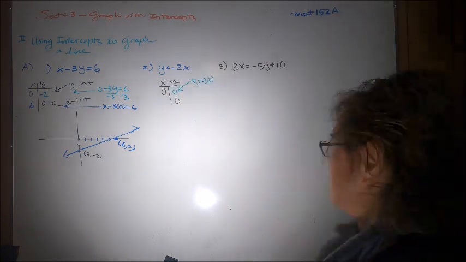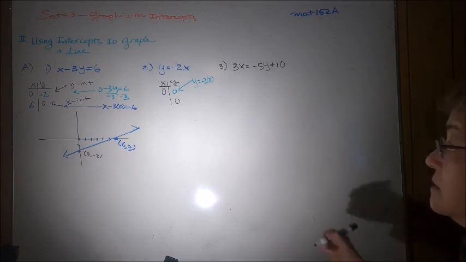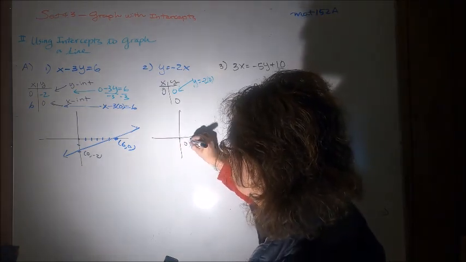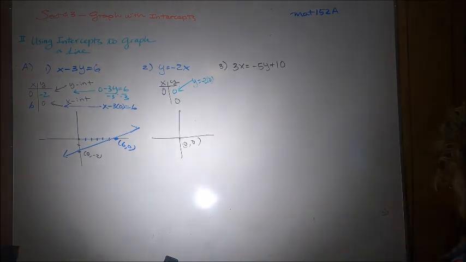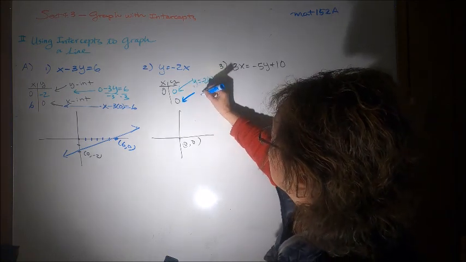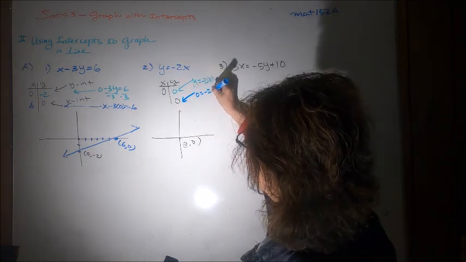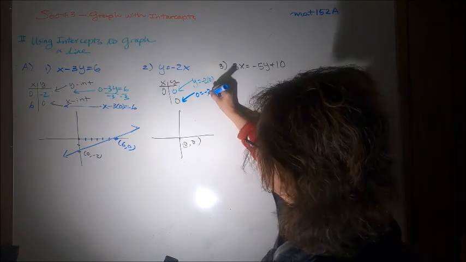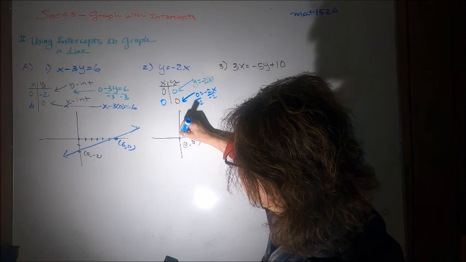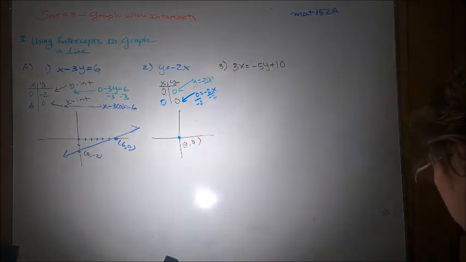So that would be 0, right? So that would be your point, 0, 0. And next one, when y is 0, then you have 0 equals negative 2x. Then you divide it by negative 2. What's your x? It's still 0, right?